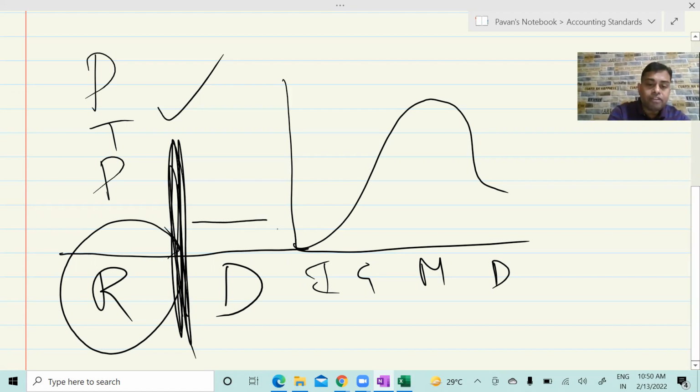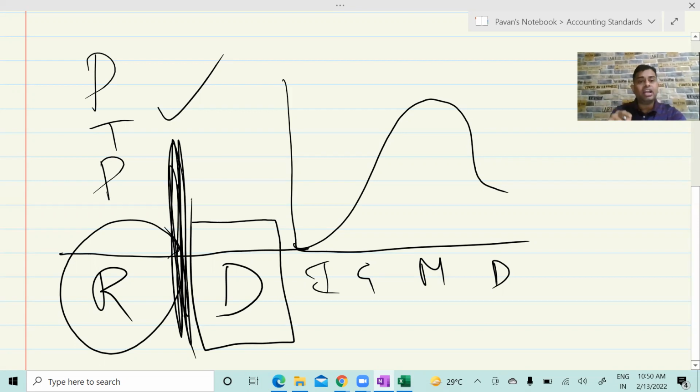So the development phase is the phase where you're spending money for creating a prototype or a model. You already have the formula in your hand, you're doing a trial run, or you are trying to convert the formula into a commercially exploitable product. So these expenses can be capitalized subject to certain conditions.